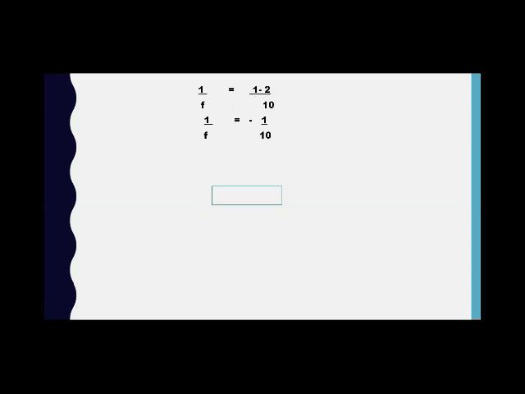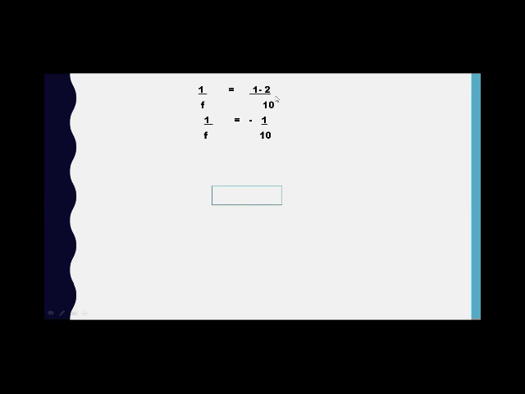In the first fraction the denominator is 10, while in the LCM the denominator is also 10. So they are matching, and we will just write down the numerator as it is. The numerator is 1.